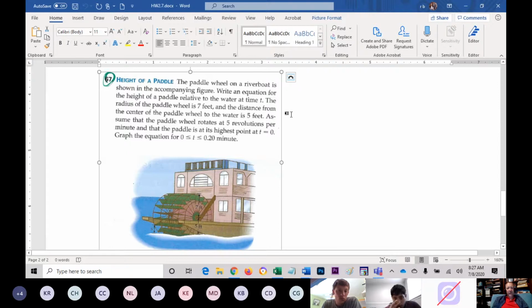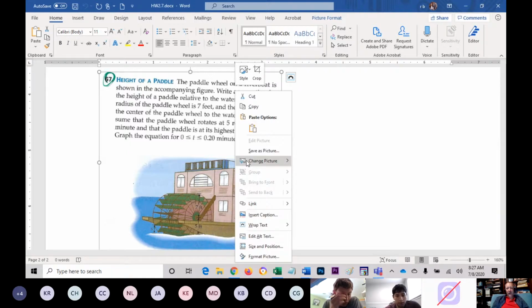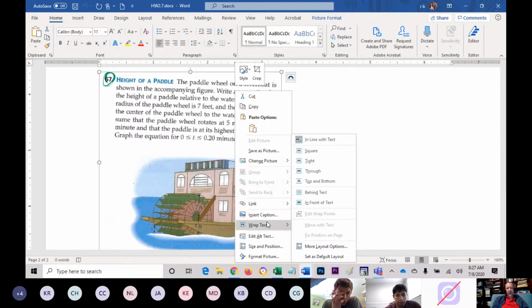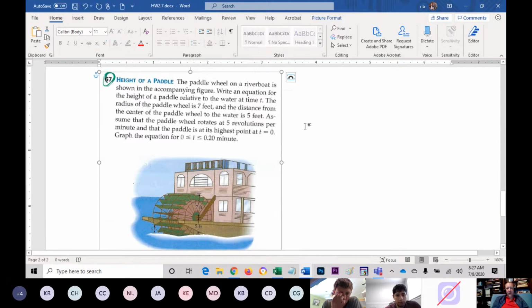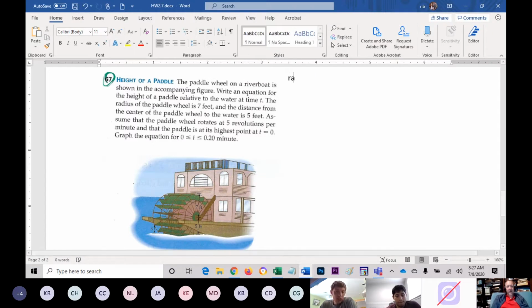Okay, so let's write down what we know. The radius equals 7 feet. Distance from the center of the paddle to the water, so distance to water is 5 feet.